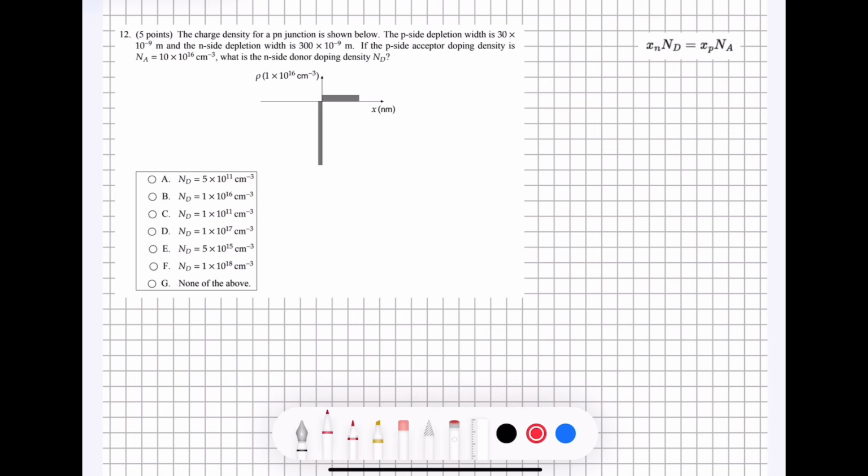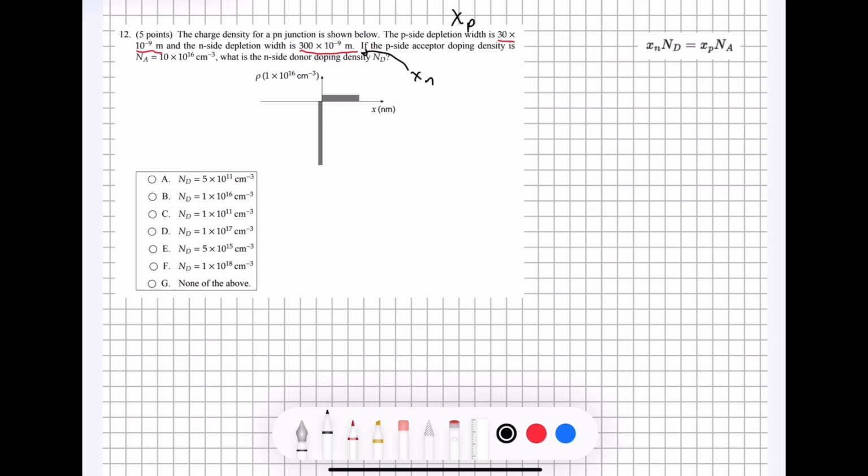We're told that the P-side depletion width, which is Xp, is going to be equal to 30 times 10 to the negative 9. And the N-side depletion width is going to be 300 times 10 to the negative 9, and that would be Xn, because X is the width in this situation.